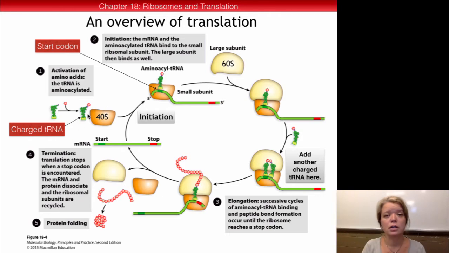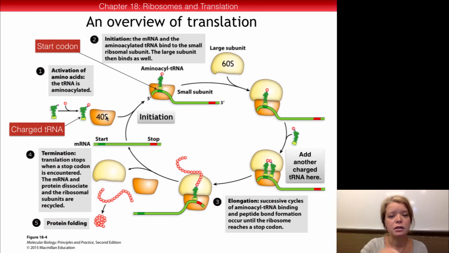So first, the small subunit is the first subunit that will bind and recognize the mRNA molecule. It will come already pre-charged with the methionine tRNA that will assist its recognition of the start codon.